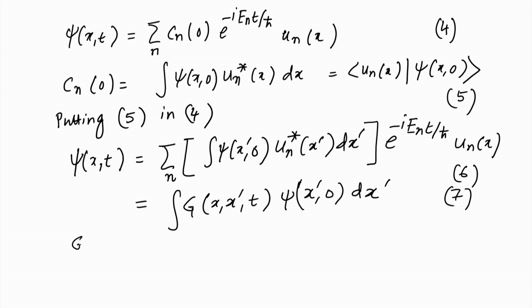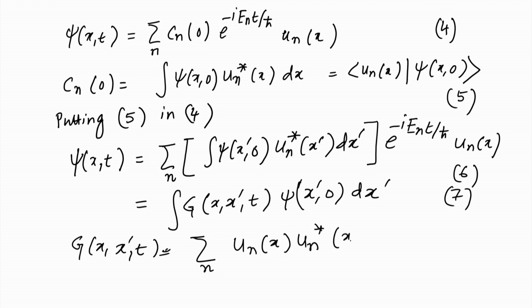Now, here my definition of the propagator is equal to sum over n of u n x and u n star x prime and exponential minus i E n t over h cross. So, that is the definition of the propagator, and this propagator is formed of the basis functions that we have used for writing down the eigenfunction psi.